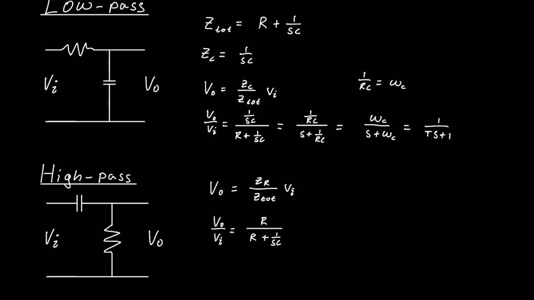Then if we divide by R and multiply by S, we get S on top and S on the bottom plus 1 over RC. And this is then equal to S over S plus omega C, which can be written as TS over TS plus 1.